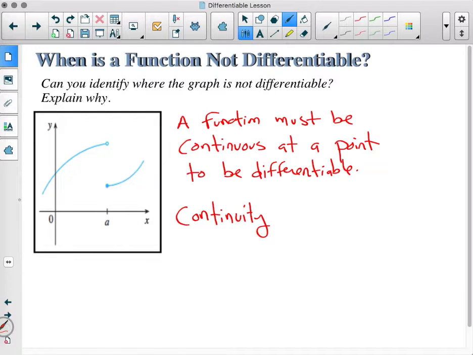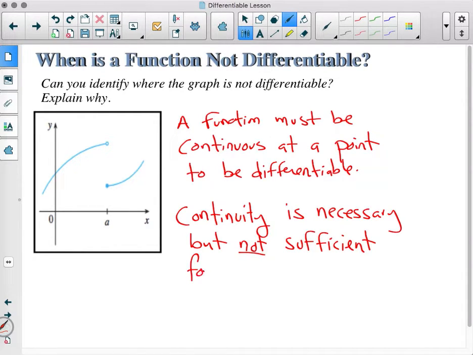And in a college math course, we would say continuity is necessary, but not sufficient. Here, continuity is necessary, but it's not sufficient for differentiability. We need the tangent slope to be equal from the left and the right side, which is how derivatives are defined.